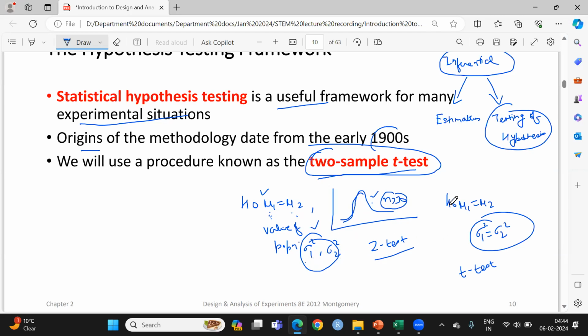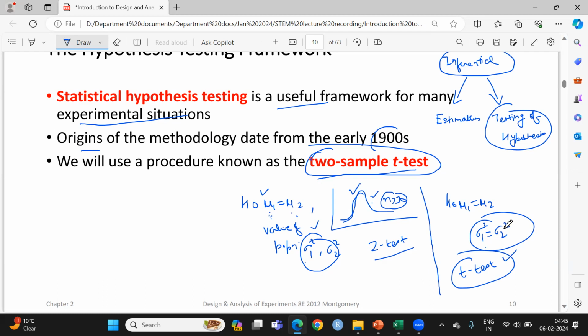So in that case, we have another test called the t-test that can only be implemented with the assumption that our data set follows a normal distribution and that the population variances, sigma 1 square corresponding to the first population and sigma 2 square corresponding to the second population, must be equivalent. Then we go with the t-test.